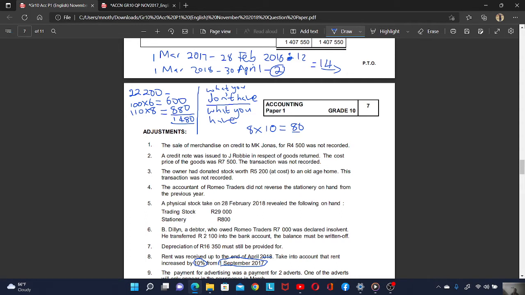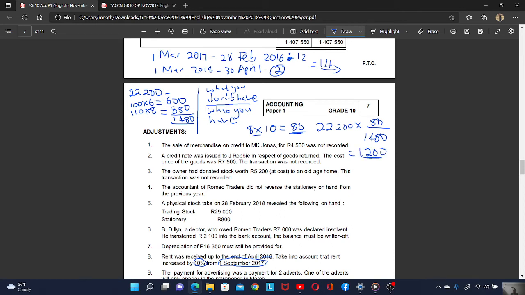Now, to find out how much this 80% is: because here we have 1,480% of the rent, and the rent is 22,200. What we don't have is this 80%, and what we have is 1,480. So what is the answer? 22,200 times 80 divided by 1,480. That's 1,200.